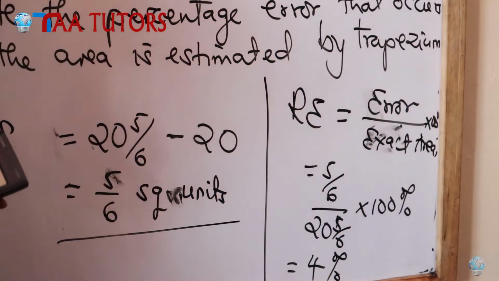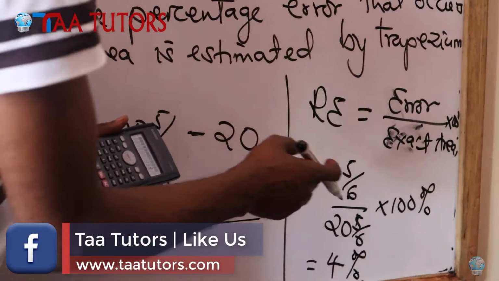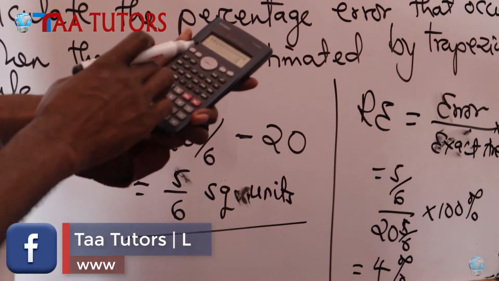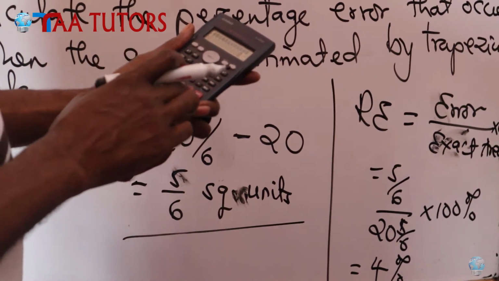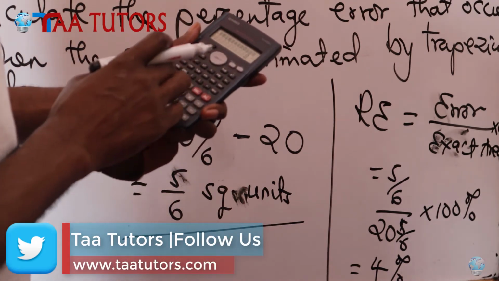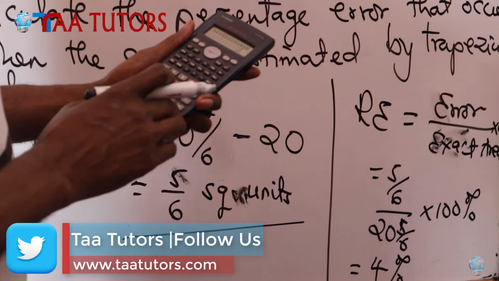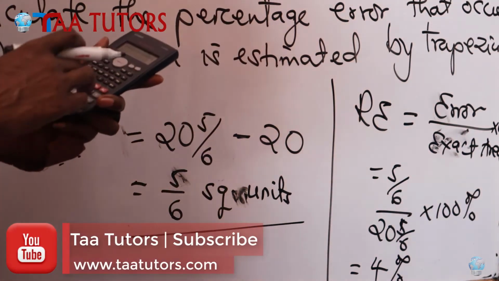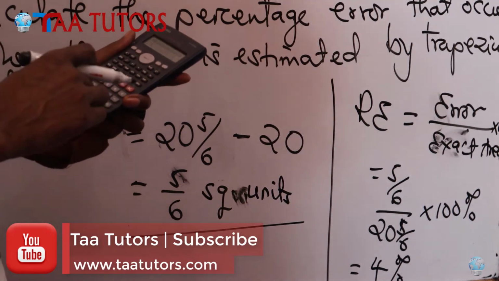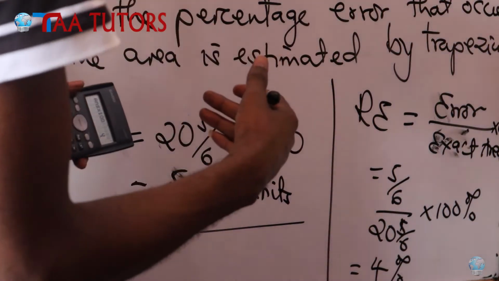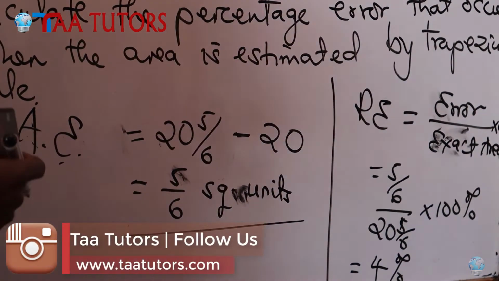On the calculator, we do it again: 5 over 6 divided by 20 and 5 over 6. If we do that, we get 1 over 25. So 1 over 25 times 100%, we get 4%. So the error that occurred by estimating this area using the trapezium rule is 4%.